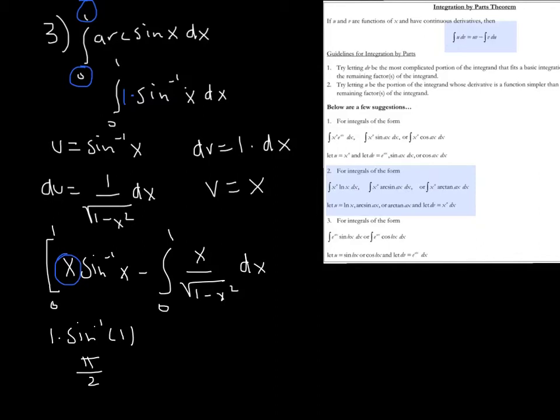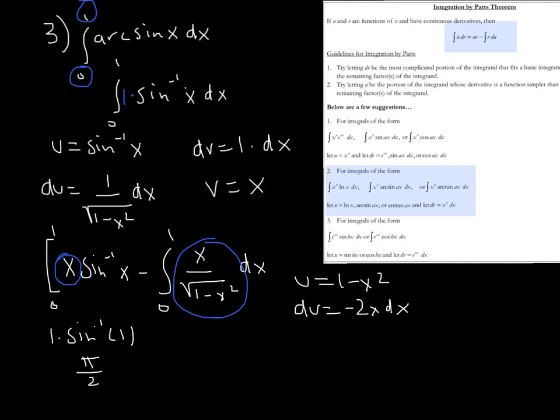Now we need to actually integrate this piece over here, and we can see that we can use a u substitution. And we learned that a couple lessons ago. So we're going to let u equal 1 minus x squared, and du is going to equal negative 2x dx.